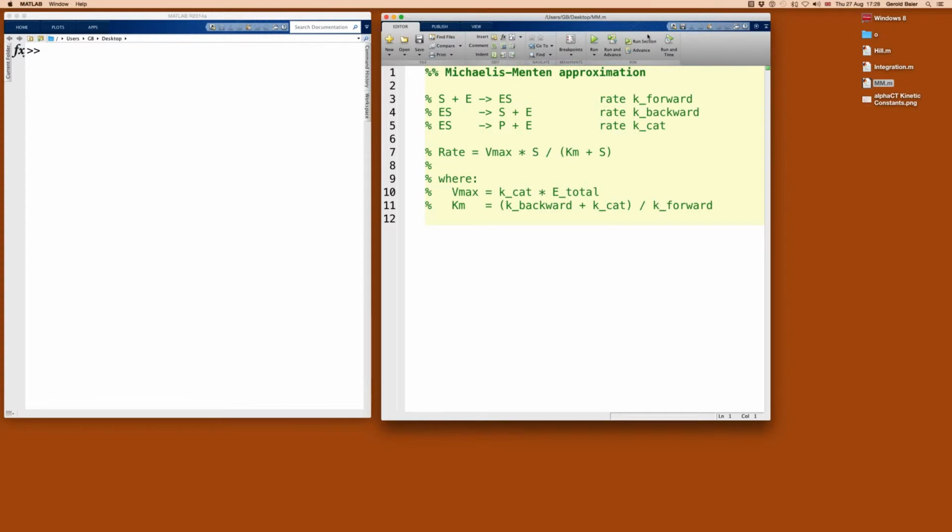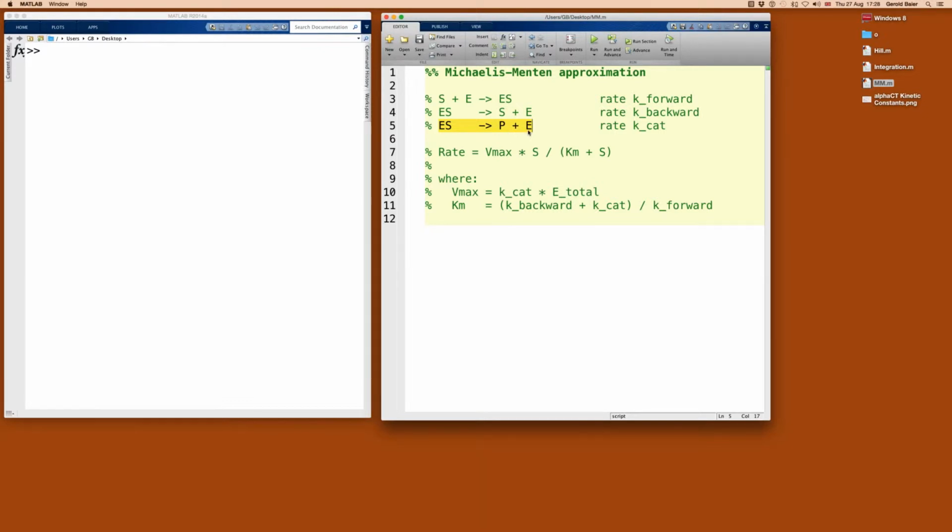Okay, so this is the Michaelis-Menten scheme. I don't think we had that a second ago. So actually substrate plus enzyme going to an enzyme-substrate complex. That can also degrade back down into the substrate plus enzyme, or catalysis can happen and product is released from the enzyme.